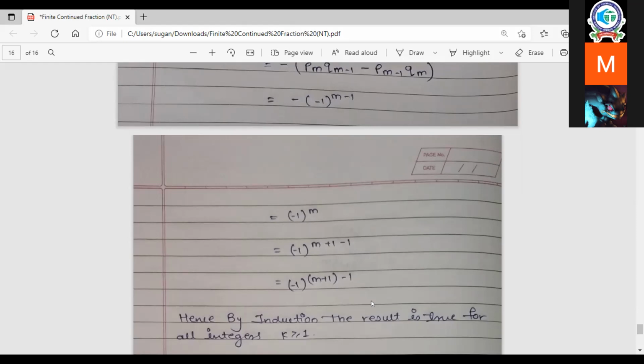You take the fraction 55 by 34. 55 and 34 are Fibonacci numbers. So you compute the continued fraction first.